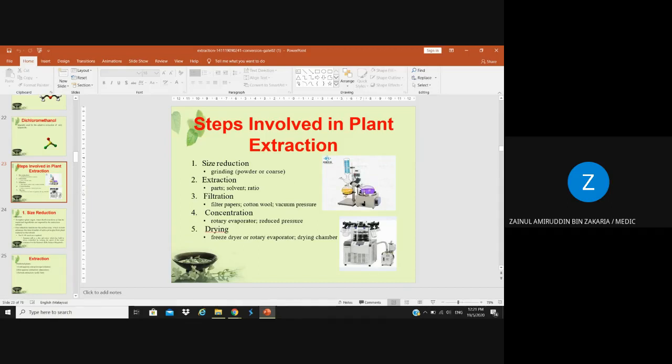What you get is your sample is sticky, and it is not solid. It is semi-solid. It is still in a liquid form. So you cannot do drying using the rotary evaporator anymore. So what you need to do is, you put your sample in the drying chamber.